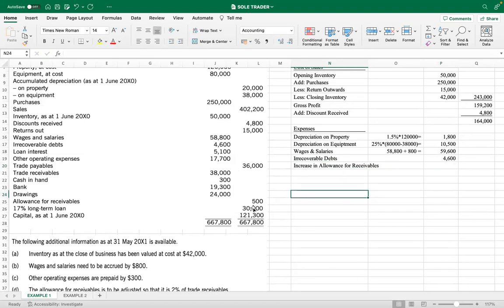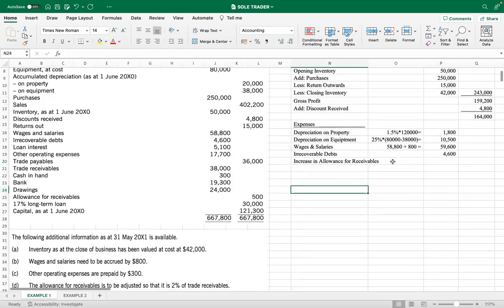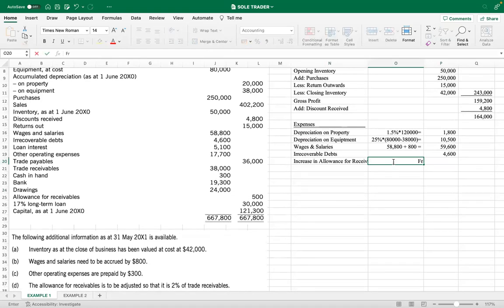We found that the opening allowance for receivables was 500 and the closing, so it was moving from 500 to 760. How did we get 760?